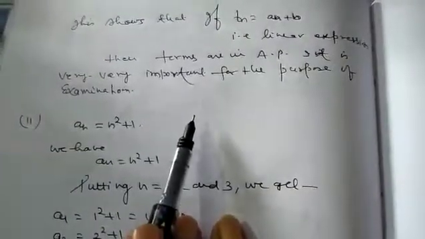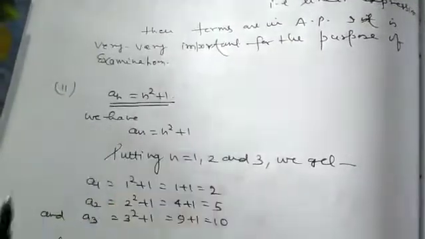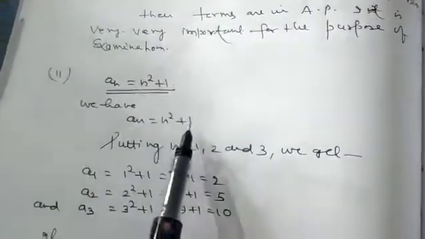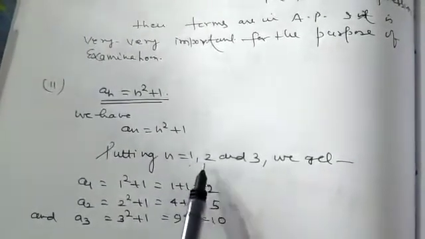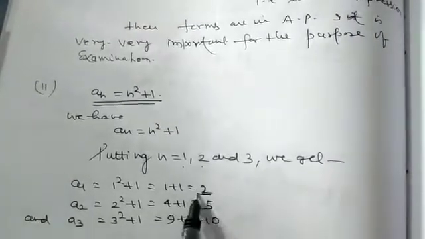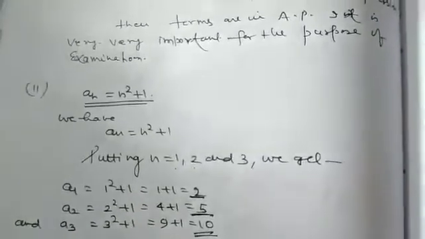Now, my dear students, you see here Tn is equal to n square plus 1. By putting n equal to 1, 2 and 3, we get a1 equal to 2, a2 equal to 5, a3 equal to 10.